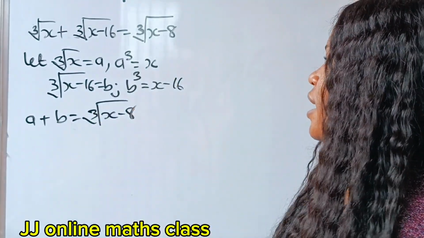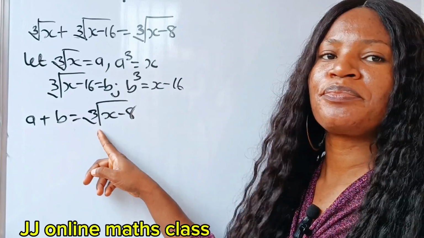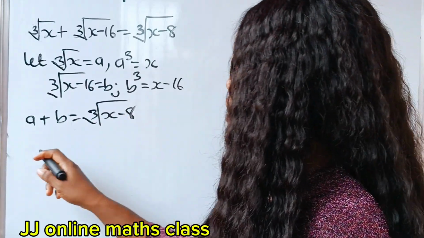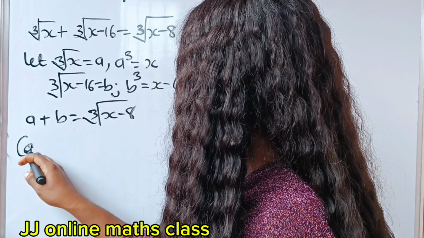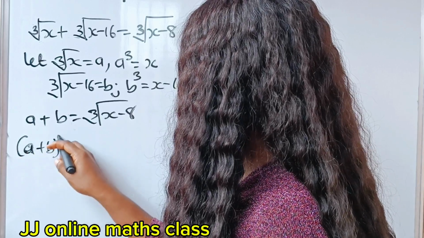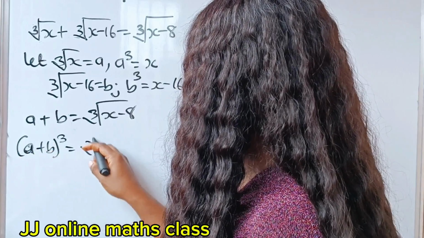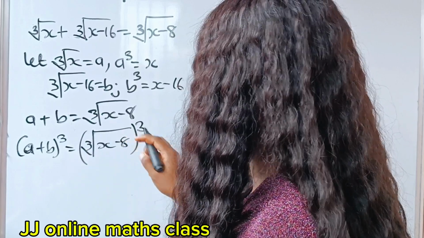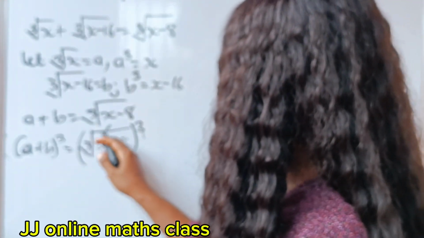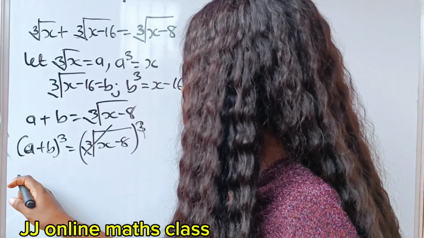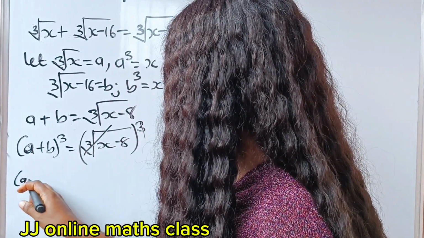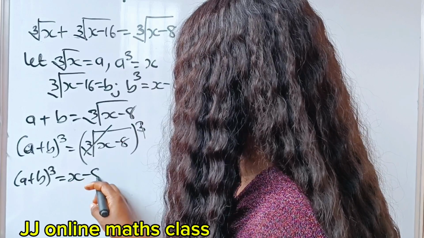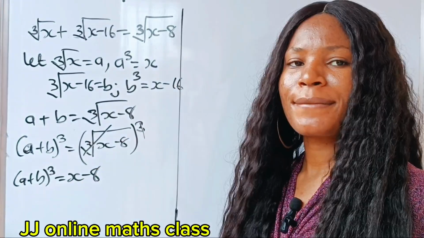Okay, now to remove this cube root, let's cube both sides of this equation. So we are going to have a plus b cubed is equal to the cube root of x minus 8 cubed. Now this cube is going to cancel this cube root, so we have a plus b raised to the power of 3 is equal to x minus 8.